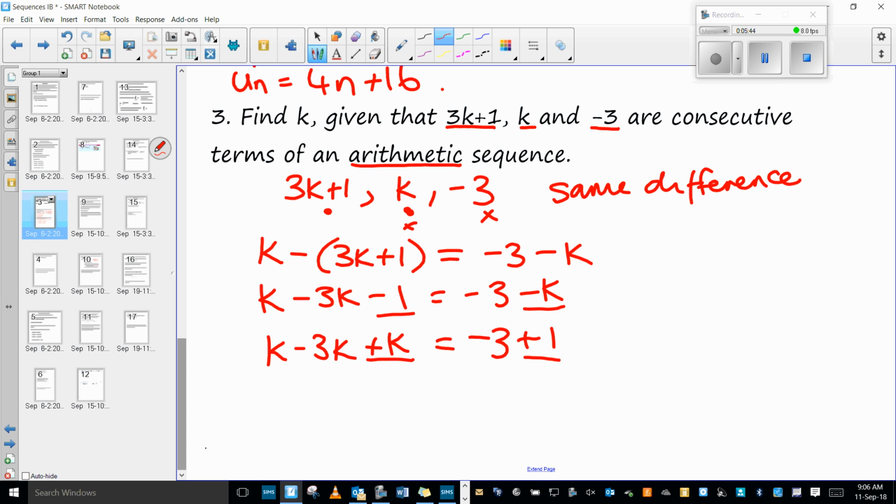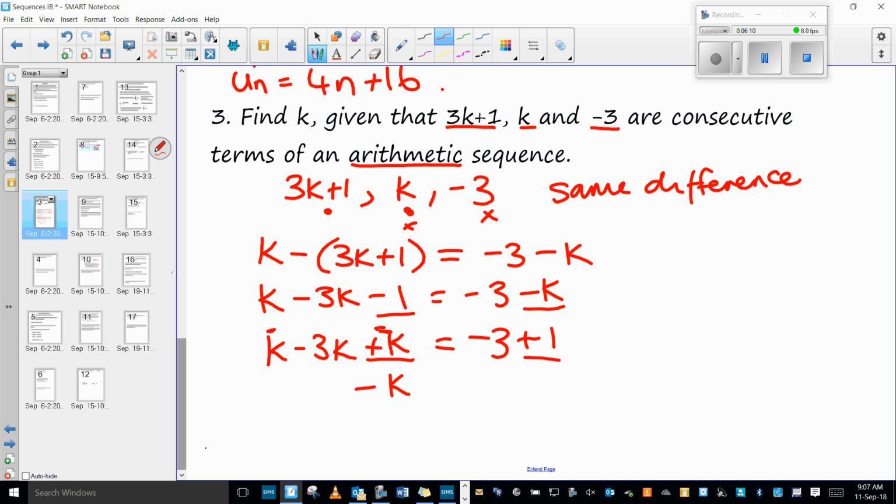So we've got a k here, take away 3k is negative 2k, and then you're adding a k to that, which gives negative k. Alternatively you could say this k plus this k is 2k, and then take away 3k, you've got negative k.